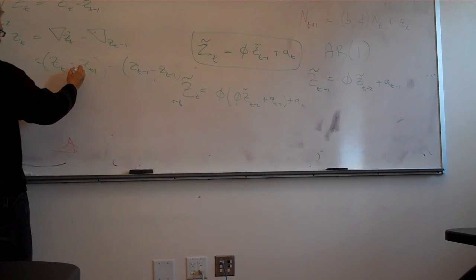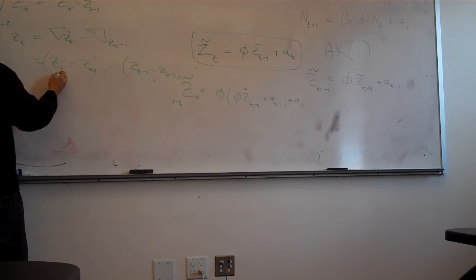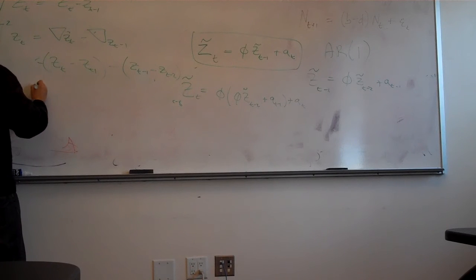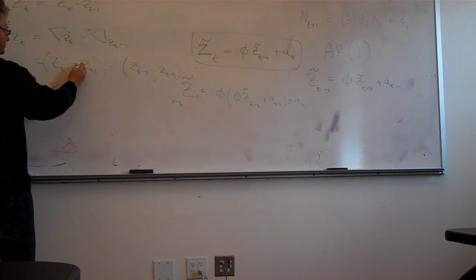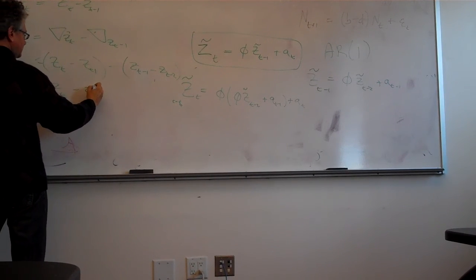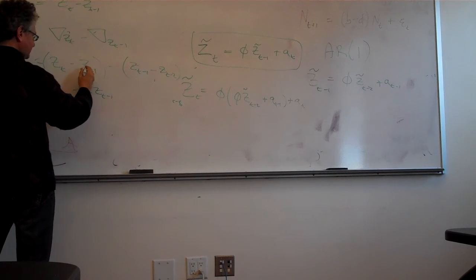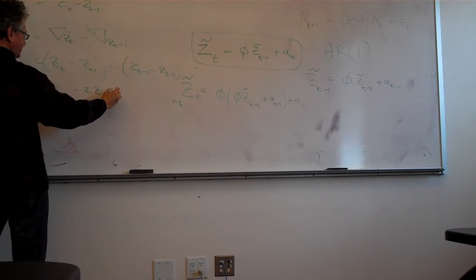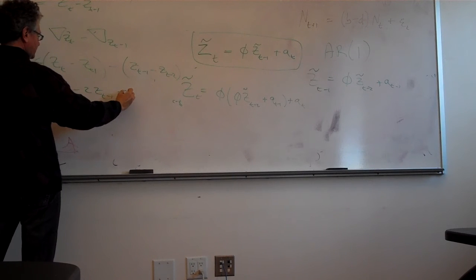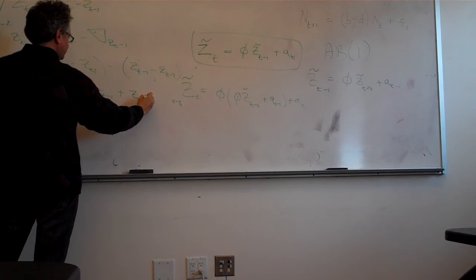What does that work out to? That is Zt minus 2 Zt minus 1 plus Zt minus 2.